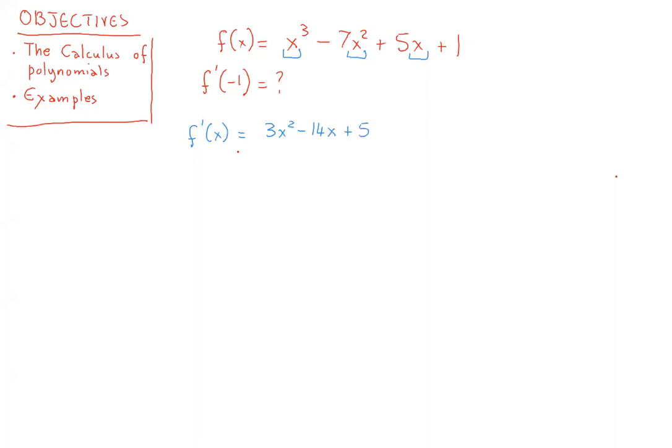And now, when we find f prime of -1, we need to just plug in -1. And this will be 3 plus 14 plus 5, which is 22.